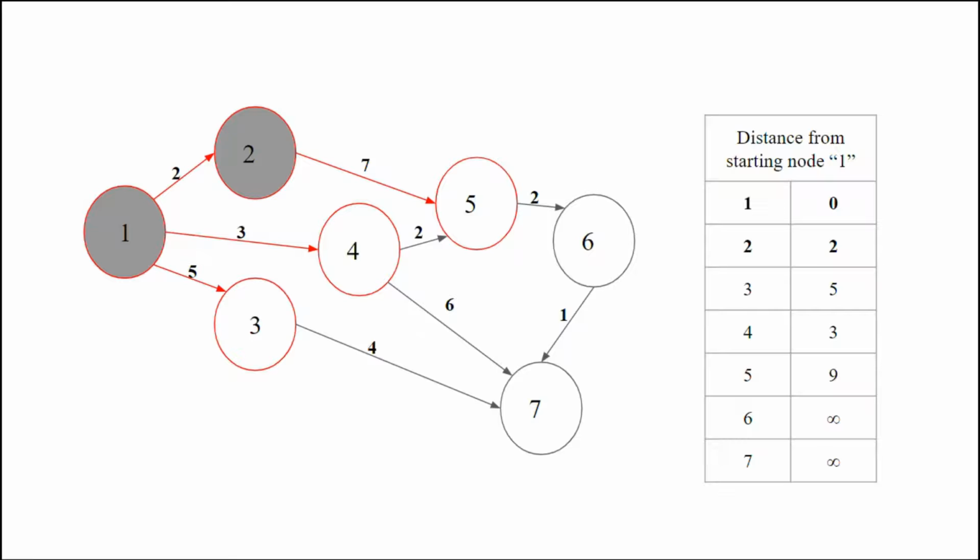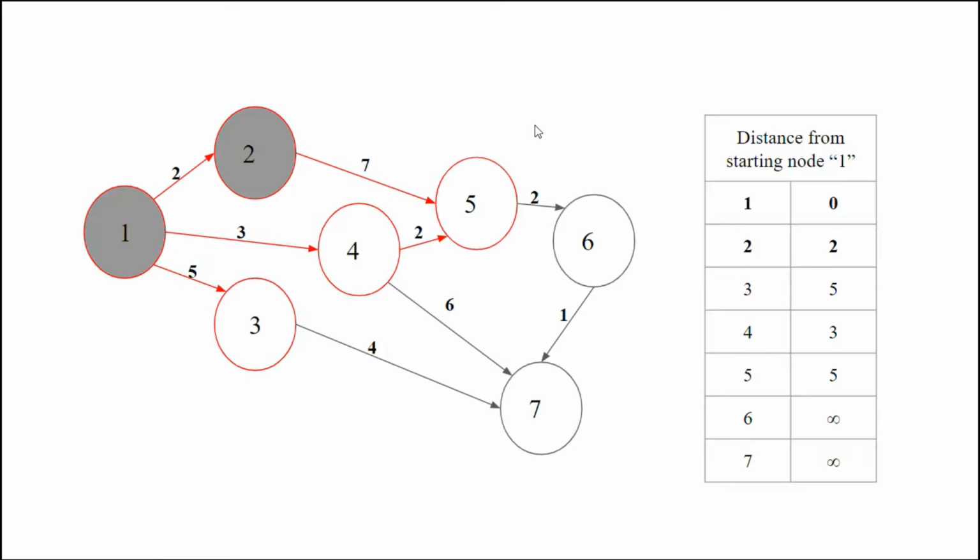You go to the next lowest value, which is 4, and from 4 you can visit 5 again. And like I said before, how you add up the previous values, the distance from 1 to 5, the lowest value is going to be 5, because you go from 1 to 4 to 5, as opposed to 1 to 2 to 5, because that path is longer.